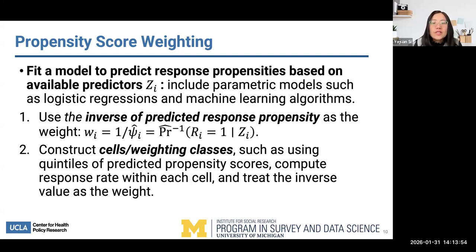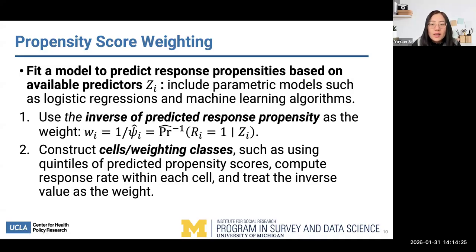If the predicted response propensity is small, we may get extremely large weights, and this leads to the second option, which is to construct weighting cells or classes. For example, we can use the quintiles or deciles of predicted propensity scores to construct weighting classes.